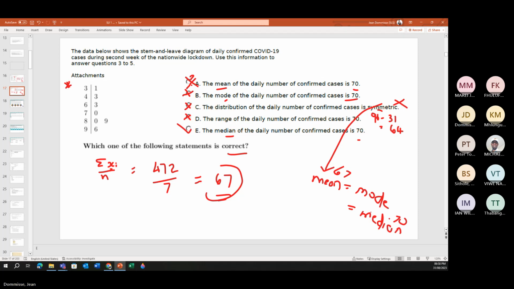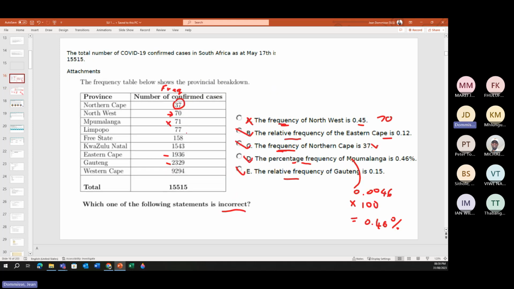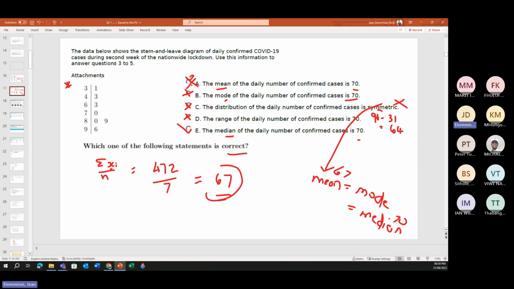So what they can do in the exam, you can have one of the relative frequencies, and then suddenly you get a stem and leaf, but it's a link between study unit 2 and study unit 3. Okay, so that is also more likely to happen.